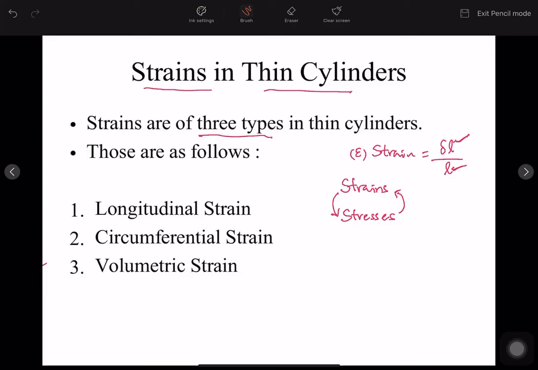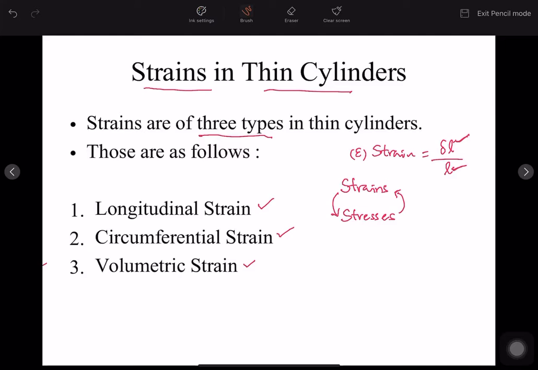In the same manner, strains are of 3 types: longitudinal strain, circumferential strain, and volumetric strain.